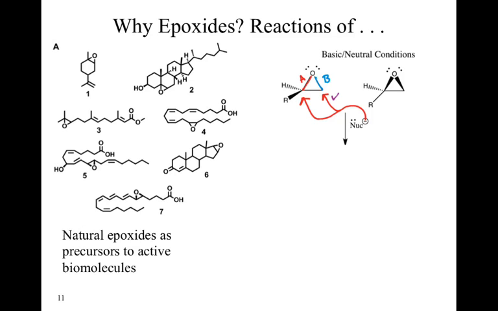The next part of this is that we have a horrible leaving group, meaning it cannot leave on its own. That's also going to push for it being the most accessible location for the nucleophile.